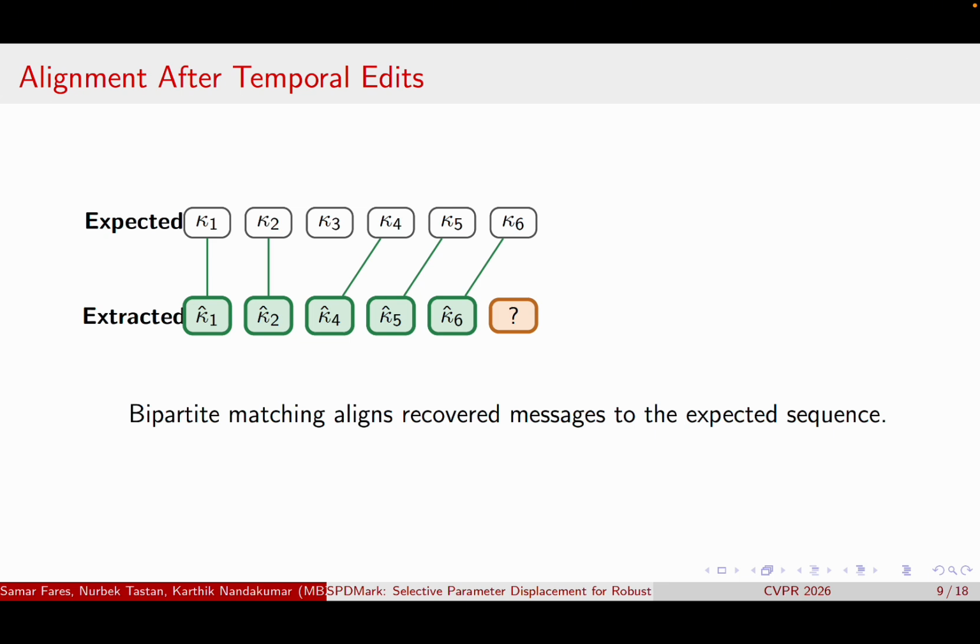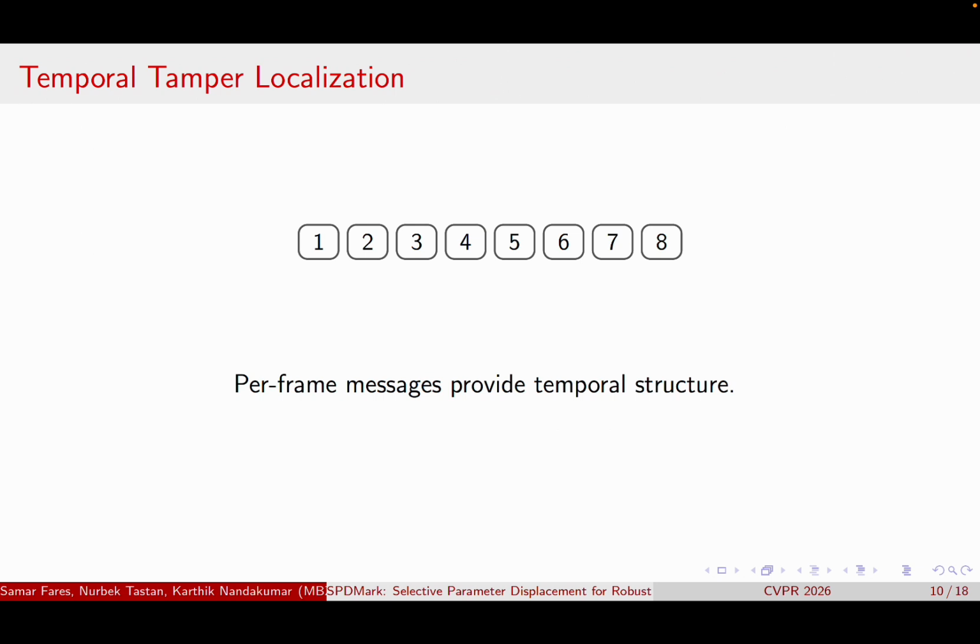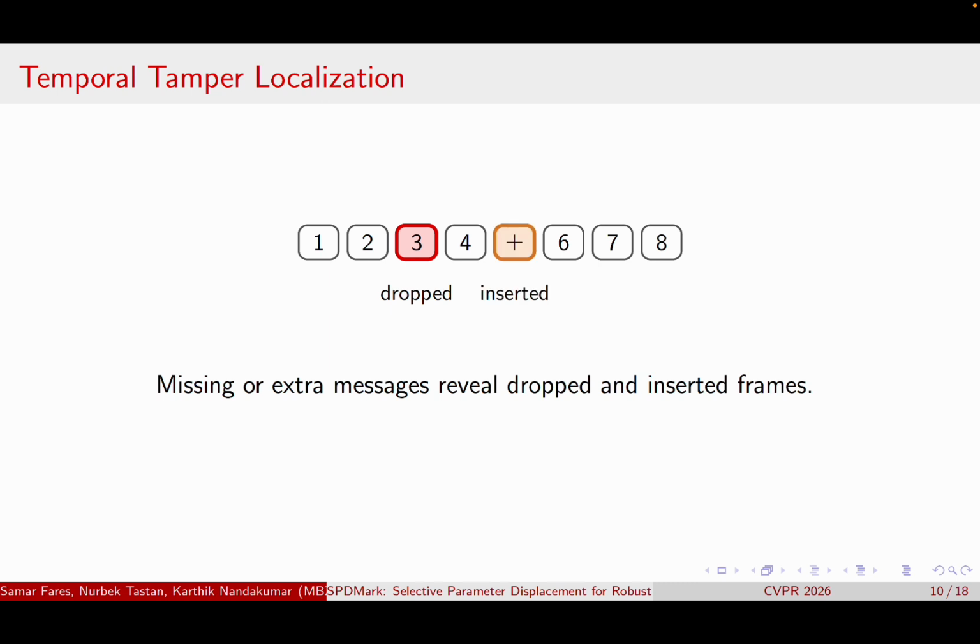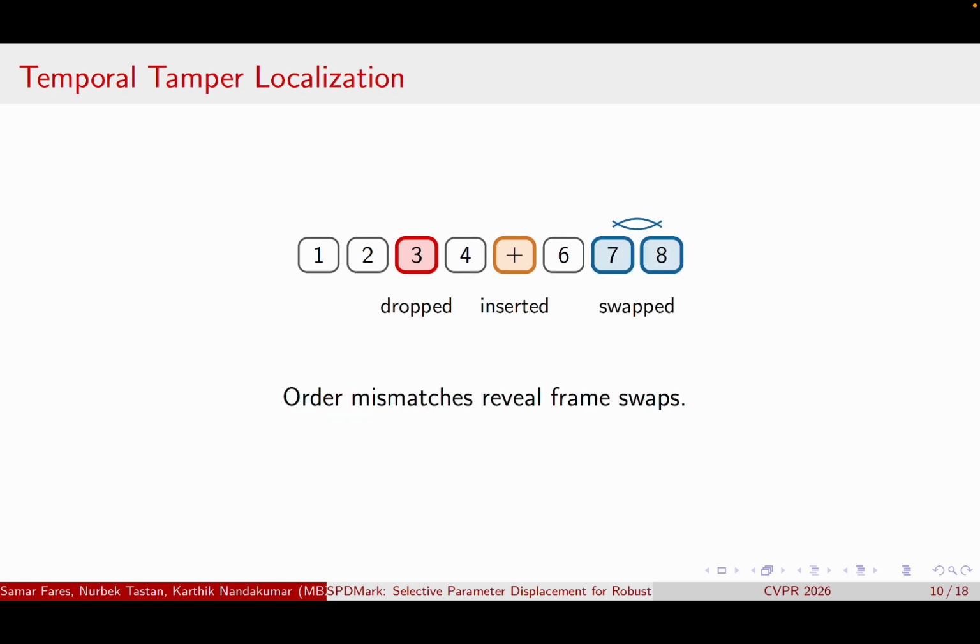The matching is formulated as a bipartite matching problem, where expected messages are matched to recovered messages based on bit similarity. Once we have this alignment, temporal edits become visible. If an expected message has no valid match, that indicates a dropped frame. If there is an extra recovered message, that indicates an inserted frame. If valid messages appear in the wrong order, that reveals frame swapping.